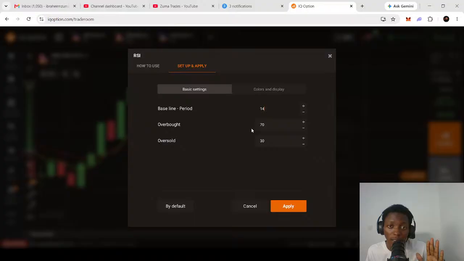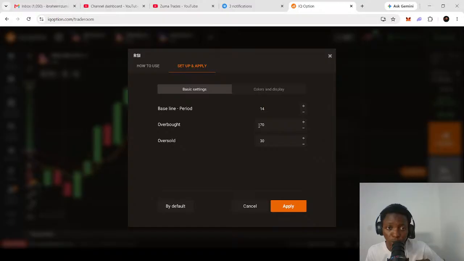But before we click apply, as we said, when the line is above 50, it means the market is in the buyers' territory, and when it is below 50, the market is in the sellers' territory. When the level reaches 70, it means the price is overbought, and there's a possibility of a reversal.